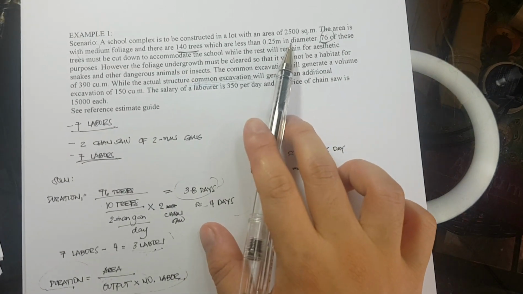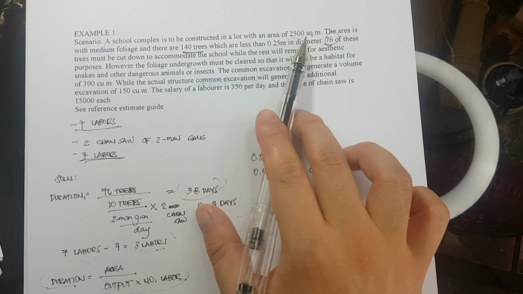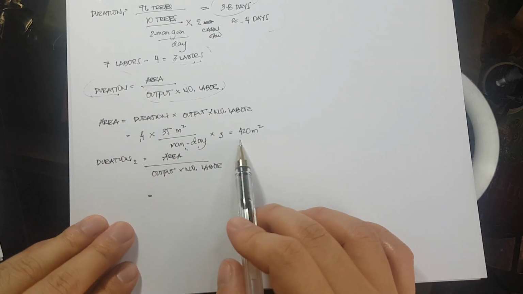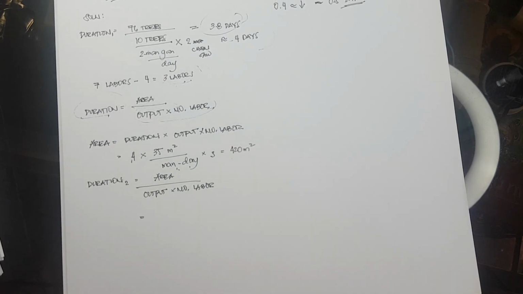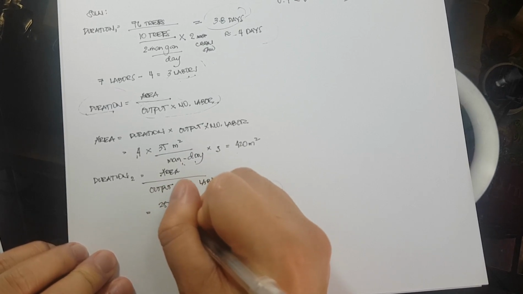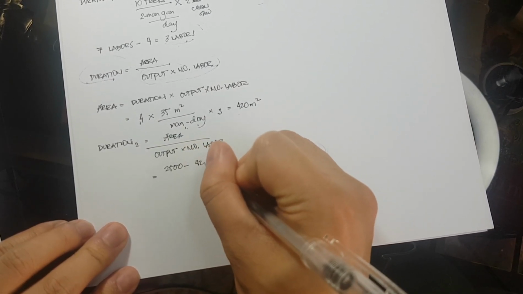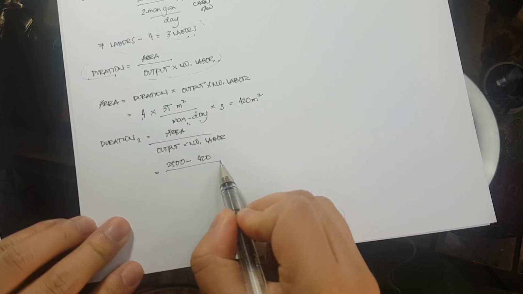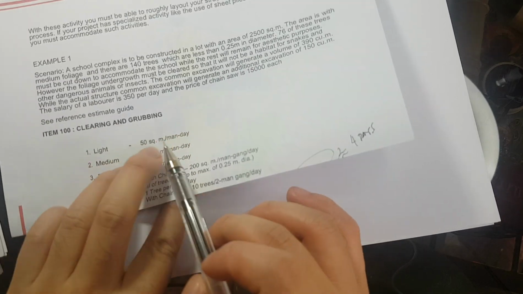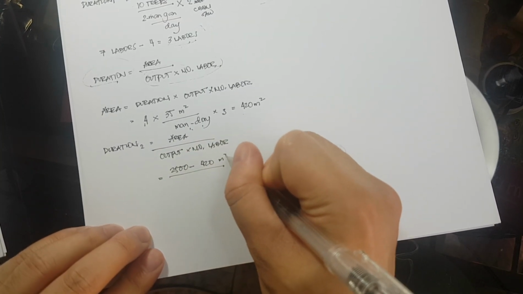It is 2,500. Pero hindi na yan kasi may natrabaho na yung tatlong labor ng 4 days, which is 420 square meters. So we have 2,500 minus the output ng tatlo, which is 420, divided by the output of medium, which is 35 square meter per man-day. So this is in square meters.